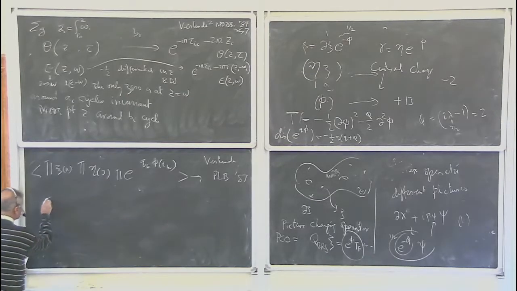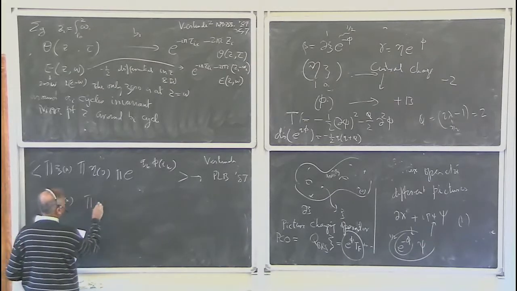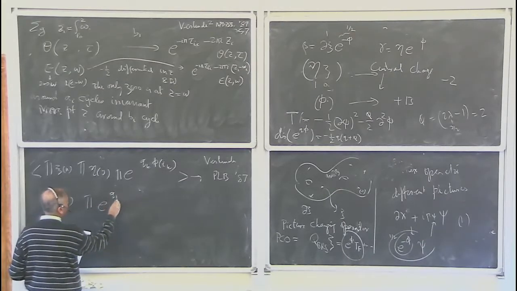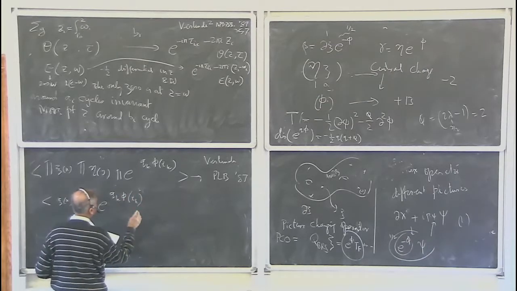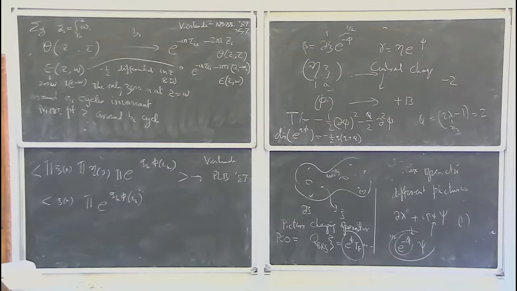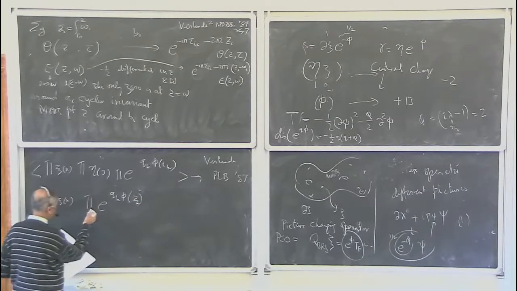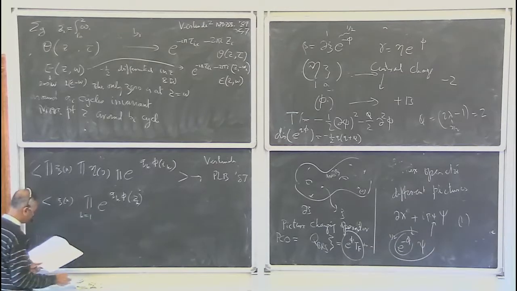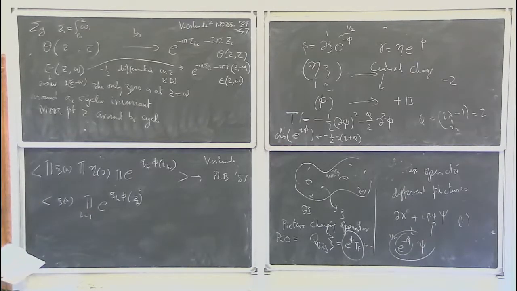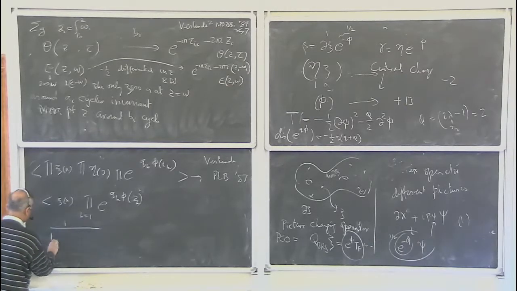But if you specialize to this case, where you have just one psi and products of e to the qk phi k, then it's not so complicated. Let me just put here zk, and k going from 1 to some number. The formula is 1 divided by theta.